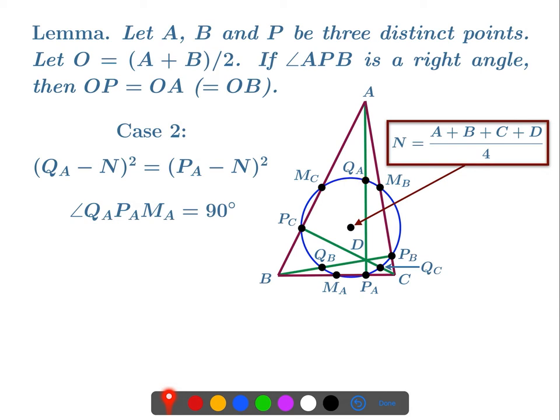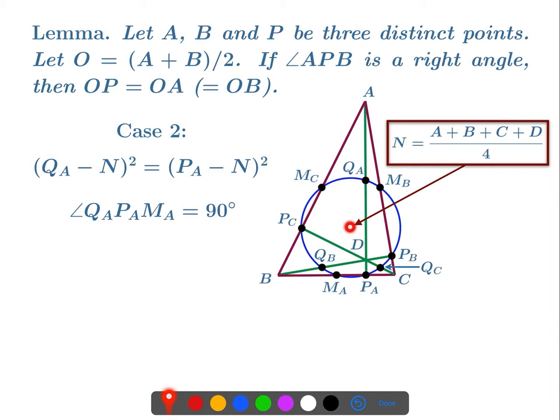Notice that QA to PA, that's part of the altitude, and the line down here, BC, are perpendicular. And so in particular, if I look at the angle going from A to P sub A to M sub A, that's 90 degrees. So we have a 90-degree angle there. So that's this angle.